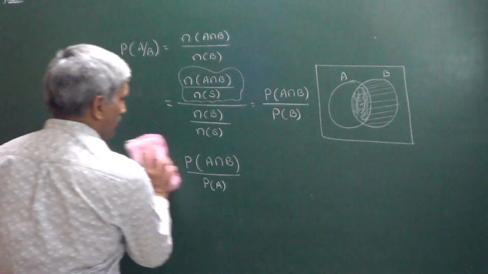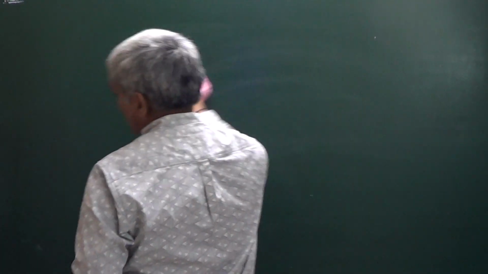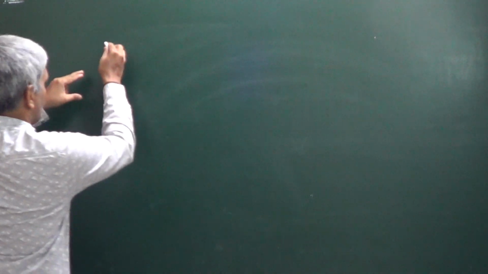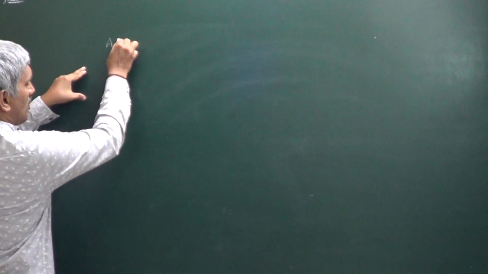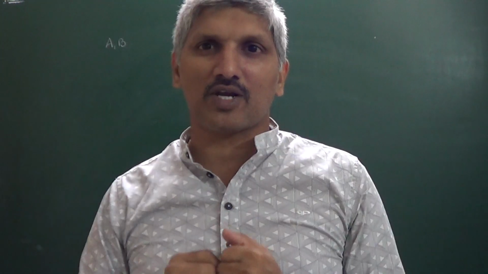Now we are going to discuss a few ideas in conditional probability along with the multiplication theorem on probability. What is the multiplication theorem on probability? A, B are any two events associated with the sample space S of a random experiment.